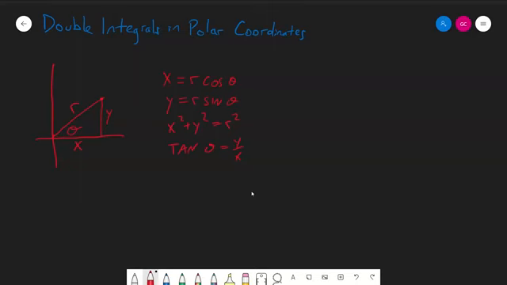Okay, and what we'll see is that for some regions in the plane, they're more convenient to describe in terms of polar coordinates instead of using the ordinary rectangular coordinates. So maybe let me just sketch an example of a region like that. So here in the first quadrant, let's take a couple rays out from the origin at two different angles. And let's take some circles of a couple different radii.